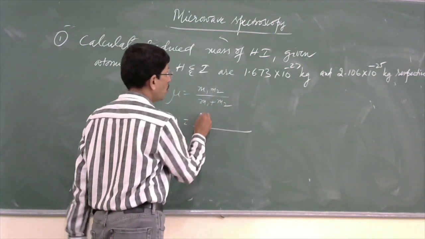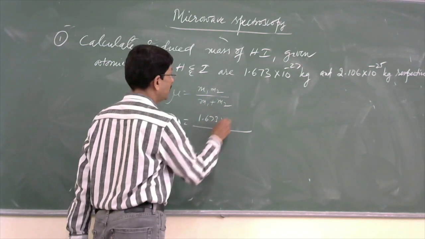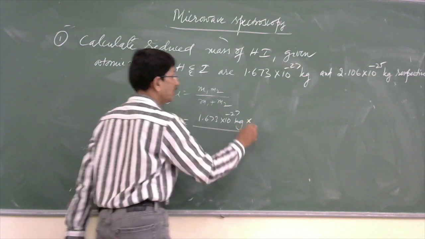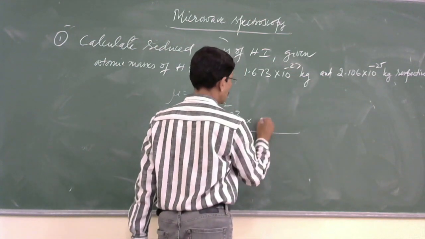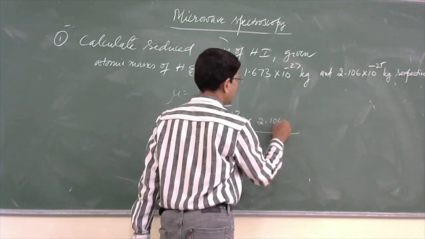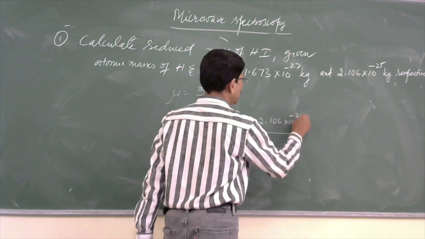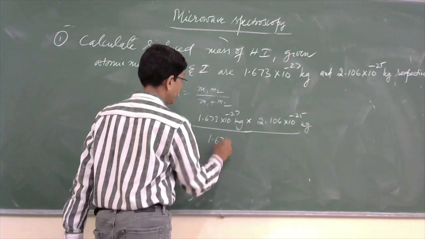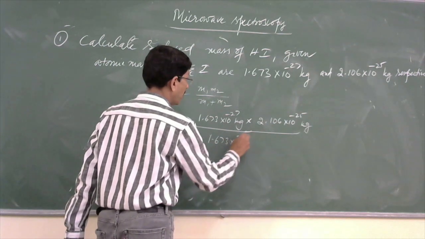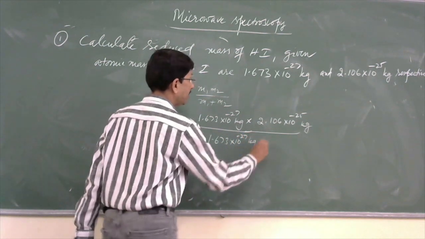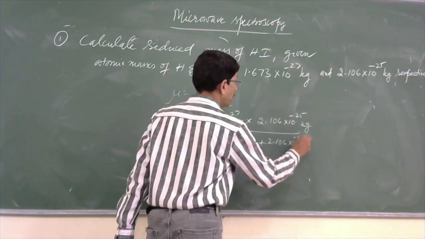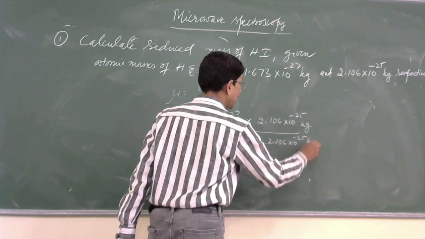So we have 1.673 into 10 to the power minus 27 kilograms into 2.106 into 10 to the power minus 25 kilograms divided by 1.673 into 10 to the power minus 27 kg plus 2.106 into 10 to the power minus 25 kg.